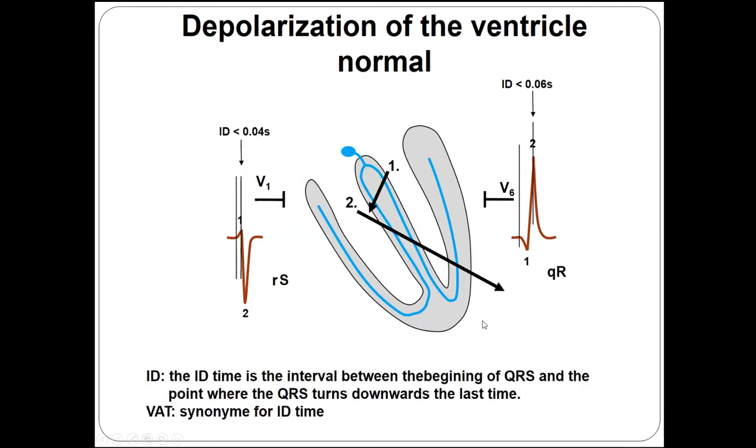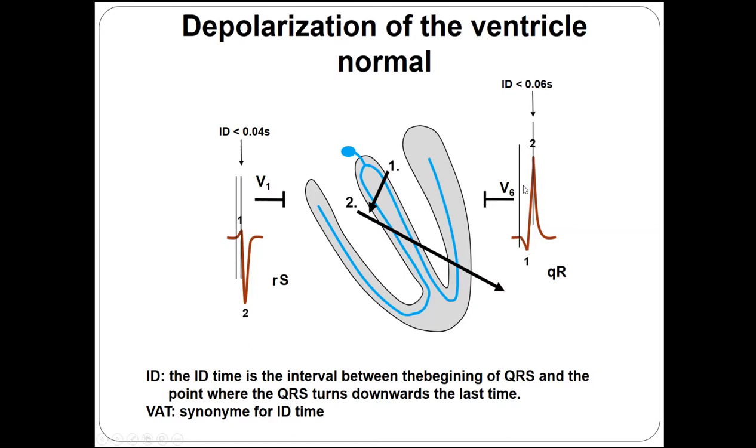You learned in physiology that the ventricle activation time, or the intrinsicoid deflection, is from the beginning of the QRS complex until the last R wave, and that is different on the right side and the left side. On the right side it is less than 0.03 second, and on the left side it is less than 0.06 second, because the left is further from the start of ventricle activation.